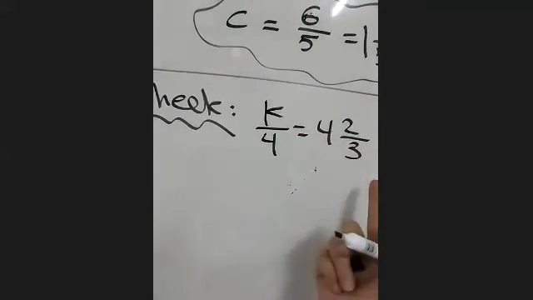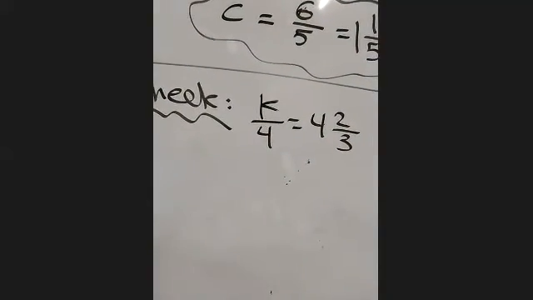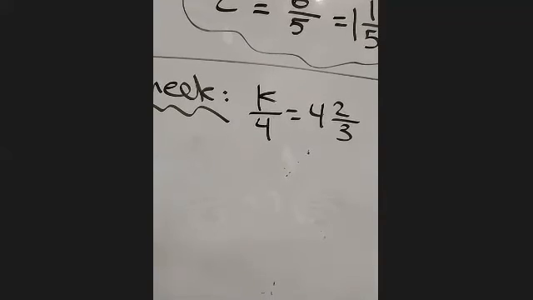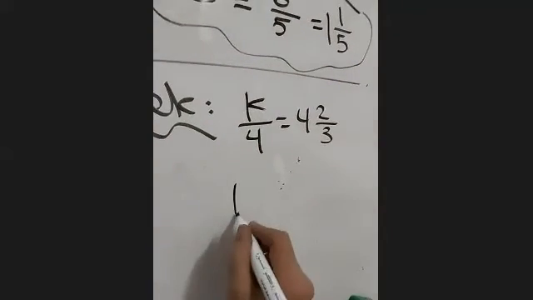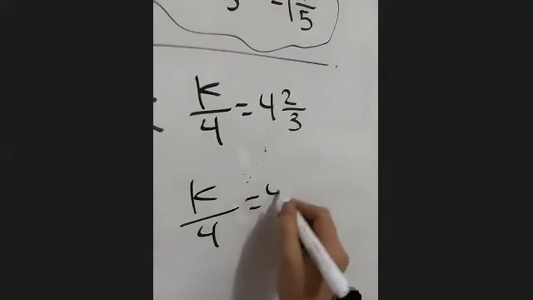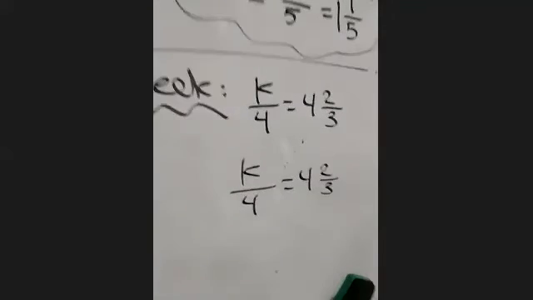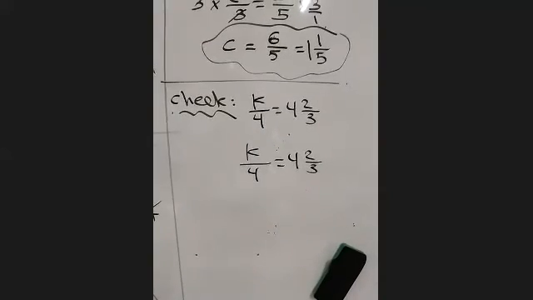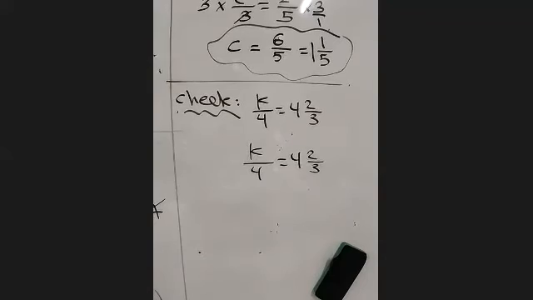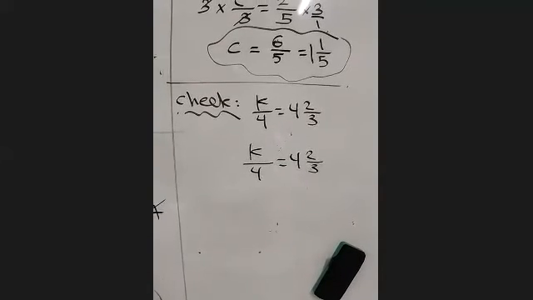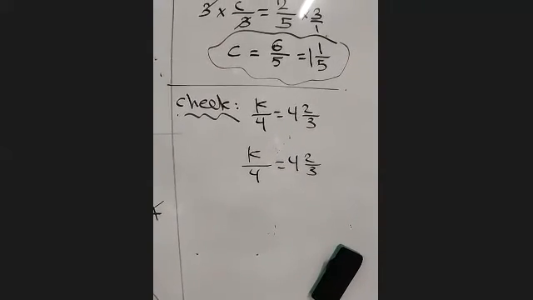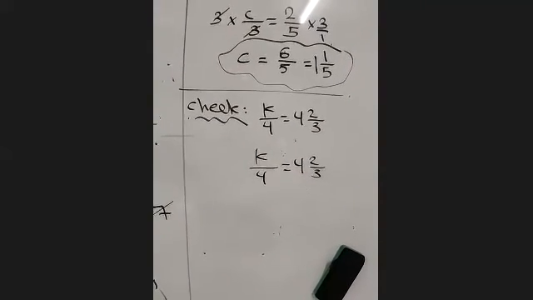What I will do in the division equation? We will rewrite. Okay, let's rewrite. K over 4 equal 4 and 2/3. Then what I will do? Then we will put beside the lines.